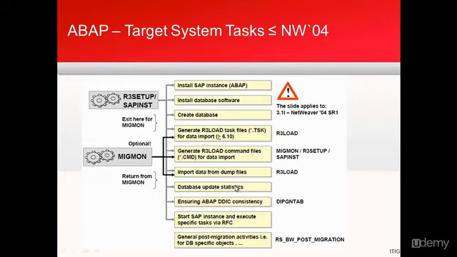This is extremely important, that we run the database update stats for the respective database. And ensuring ABAP DDIC consistency means the program DIPGNTAB will be started to update the SAP system, that is, activate the nametabs from the database dictionary.